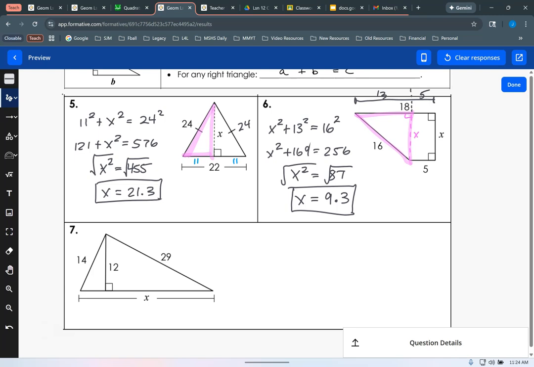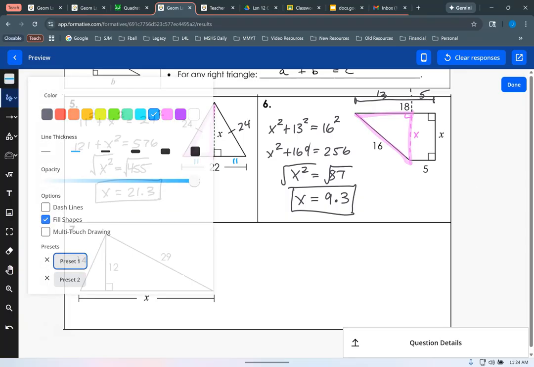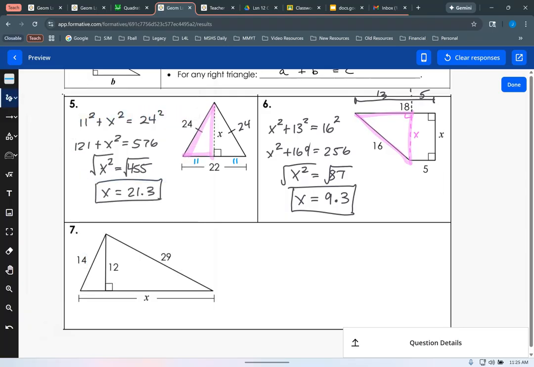So if we wanted to find the whole bottom side of this triangle here, we could break that into an A piece and a B piece, like that. And if we added those two together, we would get the whole length across the bottom.